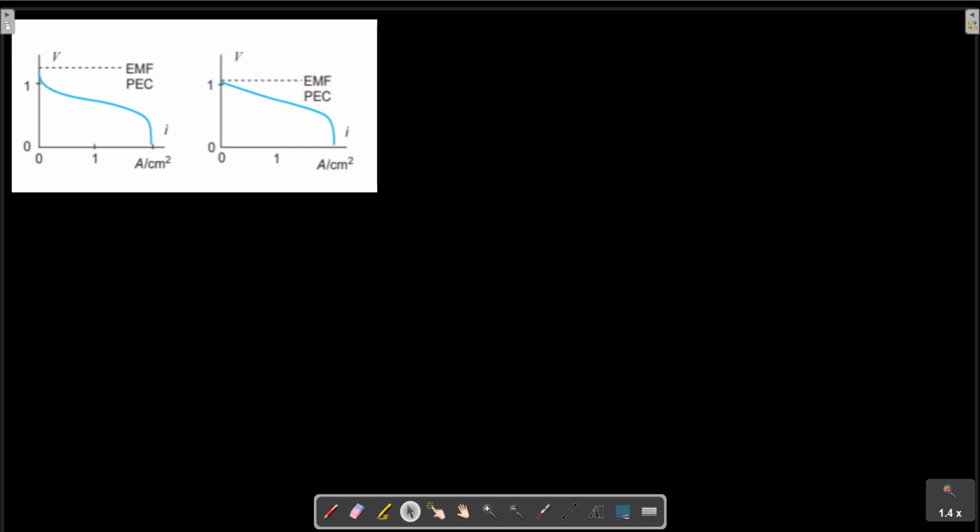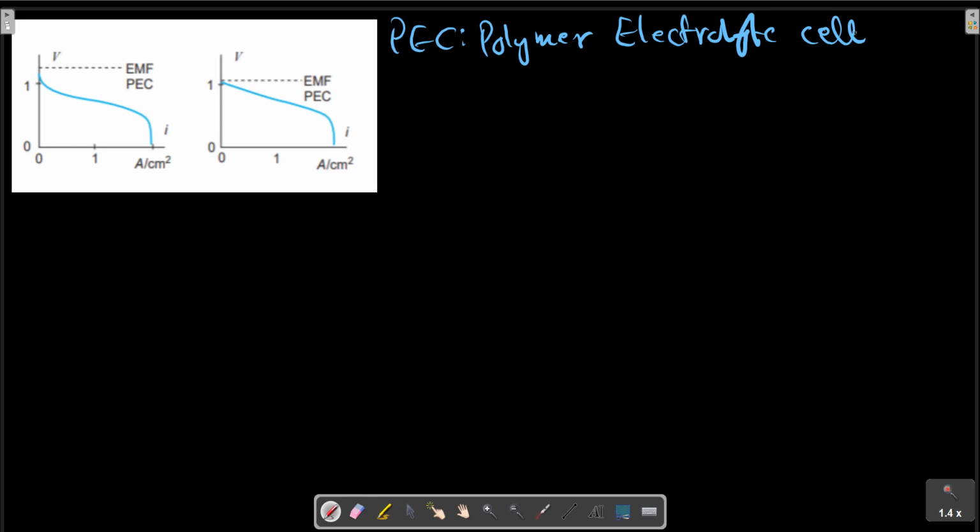For the PEC polymer electrolyte cell, activation losses are high due to the low temperature, and ohmic losses tend to be low.